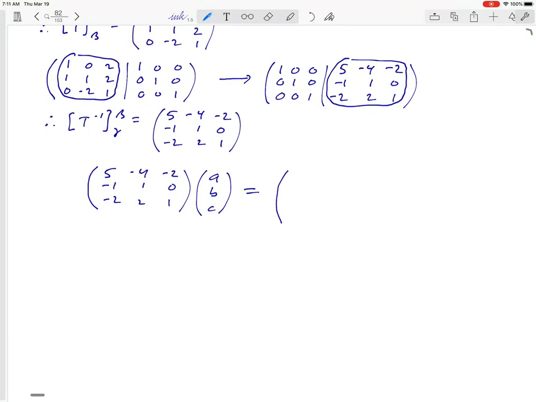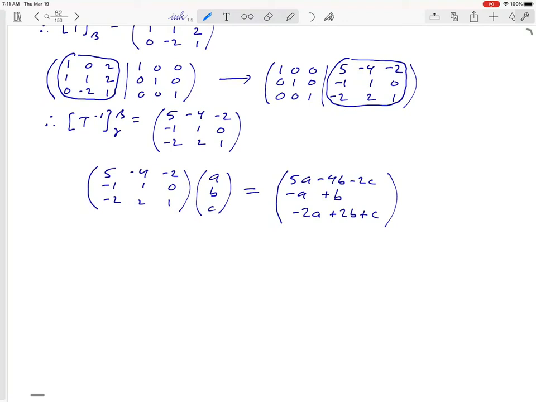I'm just going to literally multiply this matrix by this vector. You can double check my calculations. There's the first row times the first column, and then the second row gives us minus A plus B plus 0C, and then finally negative 2A plus 2B plus C.